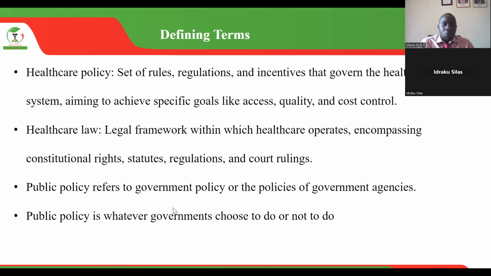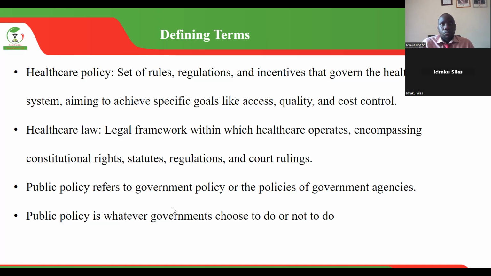So we refer to policies made by the government on any area as public policy. Now, under public policies, you can have health policy. Any decisions, guidelines, regulations, or incentives that govern a health system with the aim of making sure that people have access to quality and affordable healthcare services, that's what we call health policy.